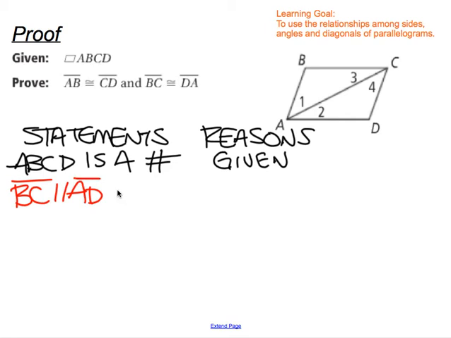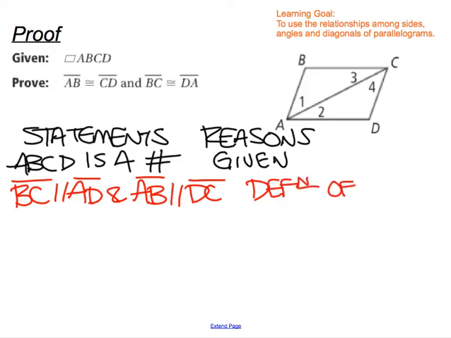And furthermore, AB is parallel to DC. And the reason I can say that those are parallel is by the definition of a parallelogram. And again, I'm going to use the number sign.